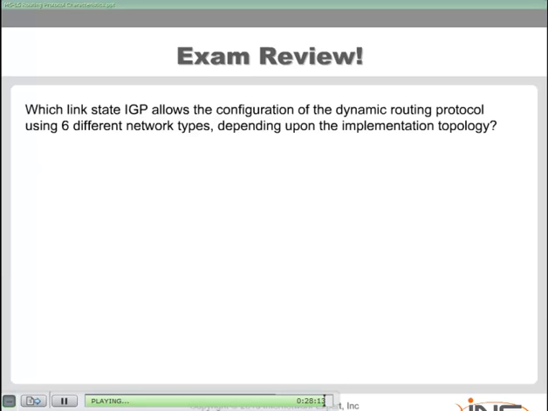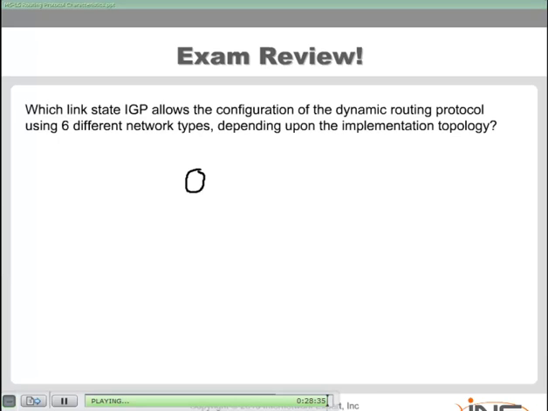Which link state IGP allows the configuration of the dynamic routing protocol using 6 different network types, depending on your particular implementation topology? We didn't talk about this one in this lesson, but you probably remember back to an earlier lesson where we talked about this.